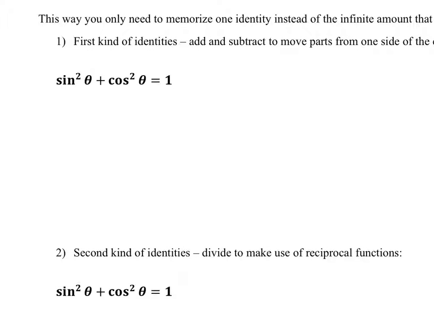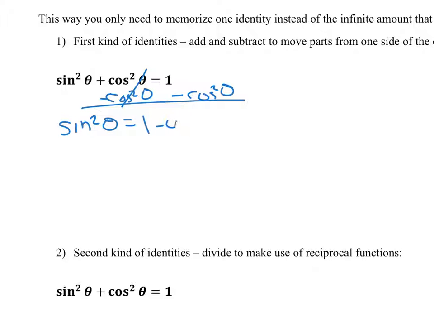So I can subtract cosine squared. You can subtract cosine squared, and you get sine squared theta equals 1 minus cosine squared. So there's a new one.